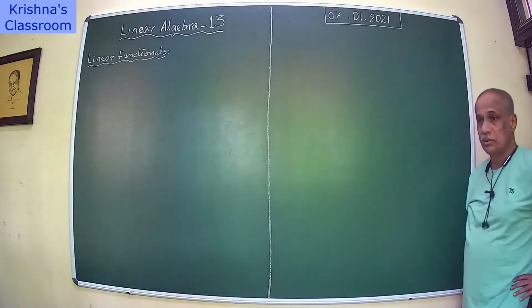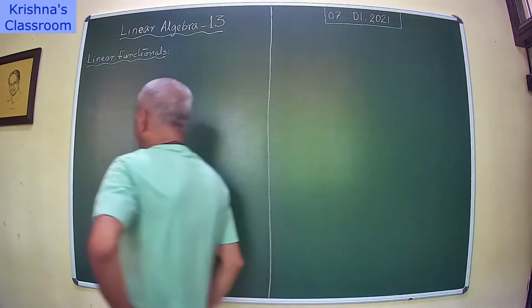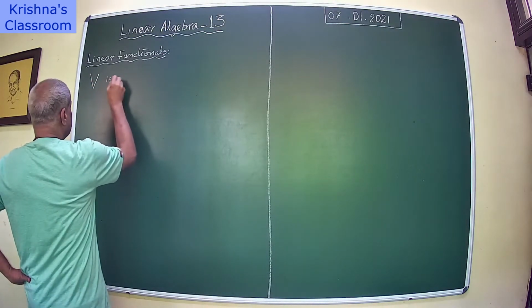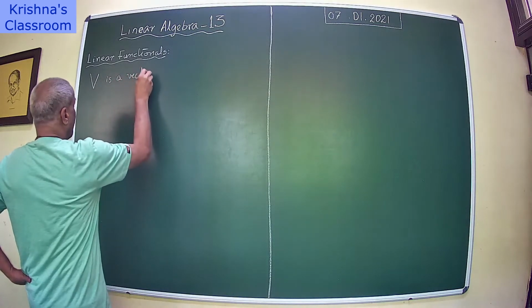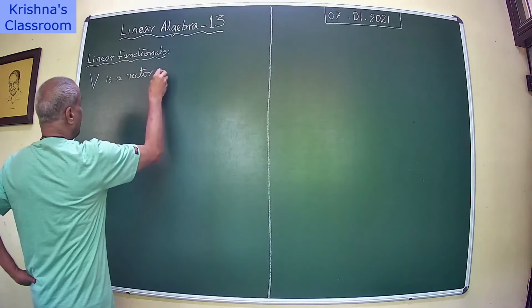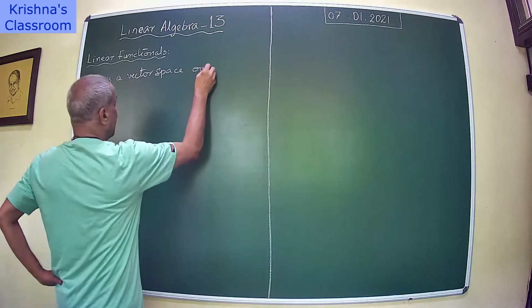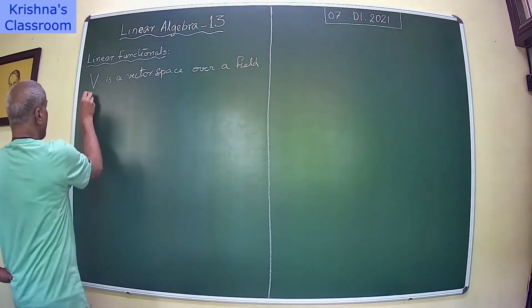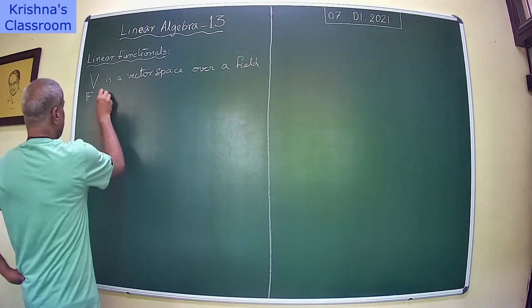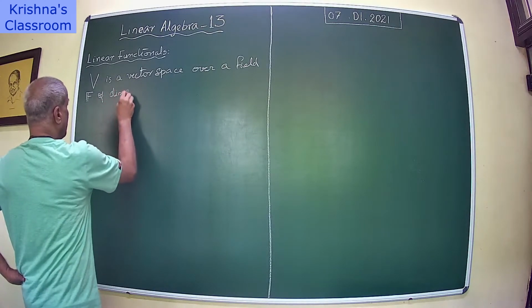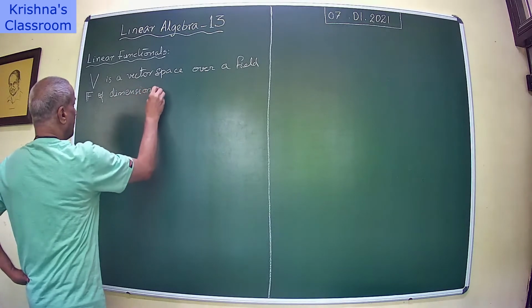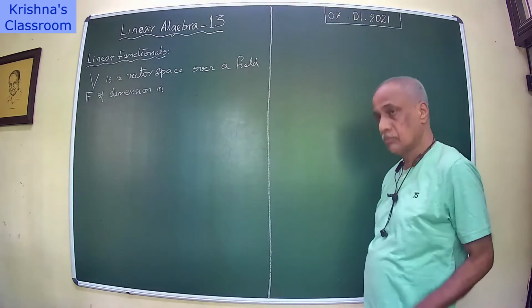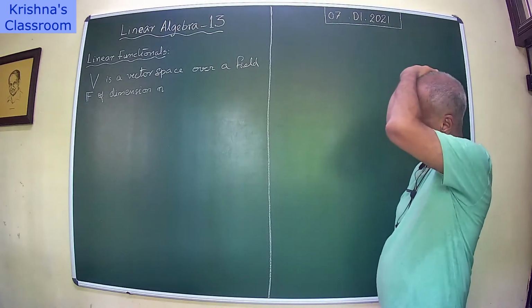To start with, we have a vector space V over a field F of dimension n.